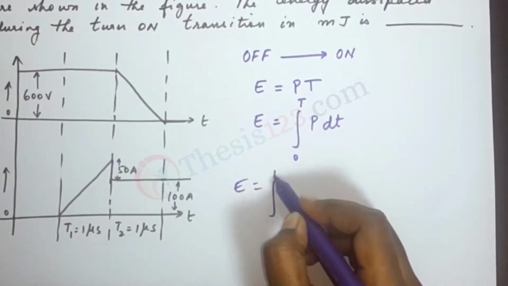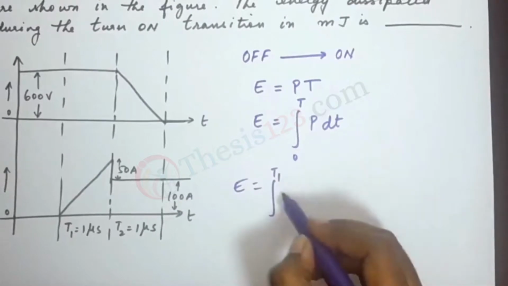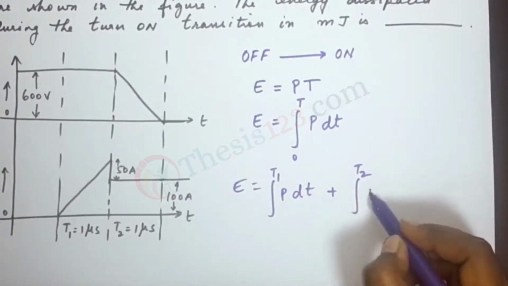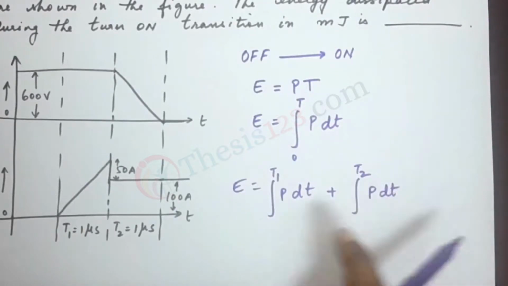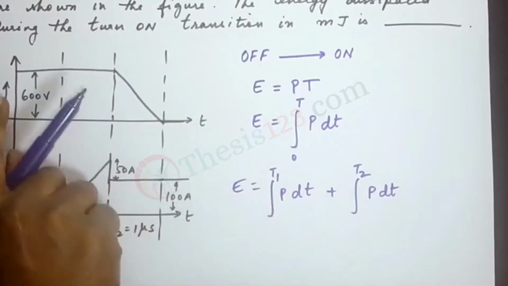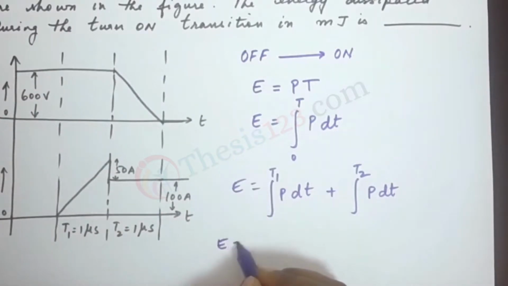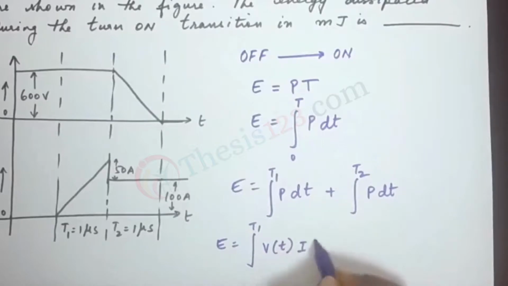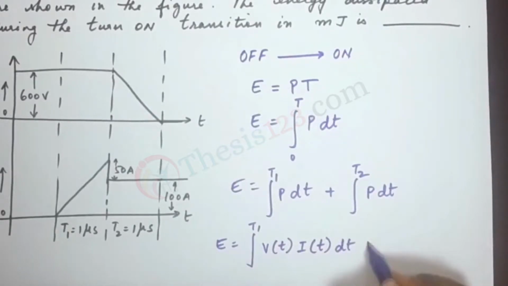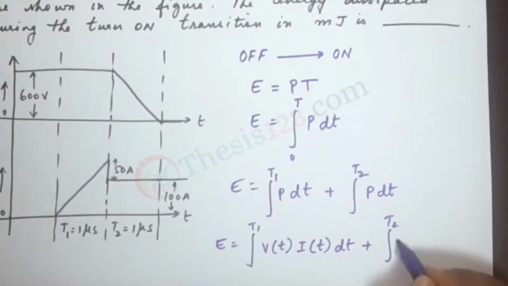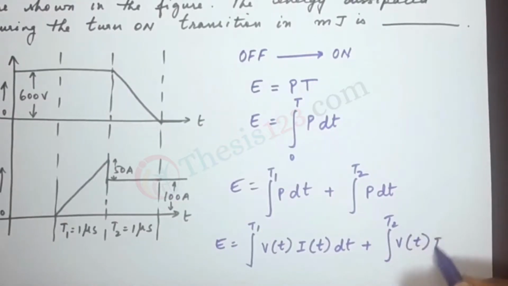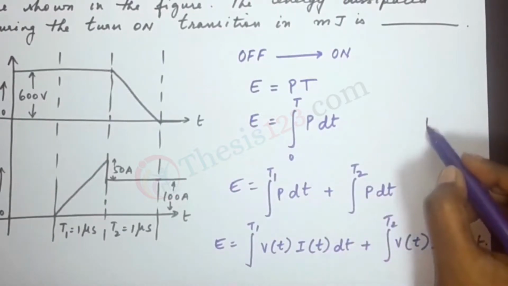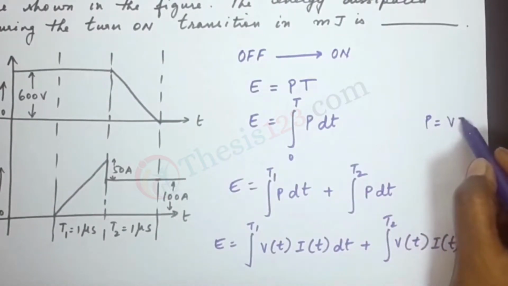E is equal to the integral during the period T1 of power dt, plus the integral during the period T2 of power dt. The formula for power in terms of voltage and current can be written as V of t, I of t, dt plus the integral over T2 of V of t, I of t, dt, since power is VI.